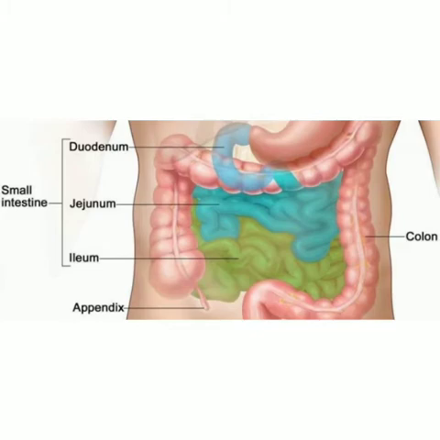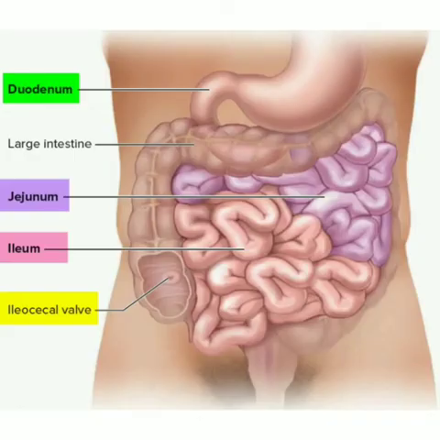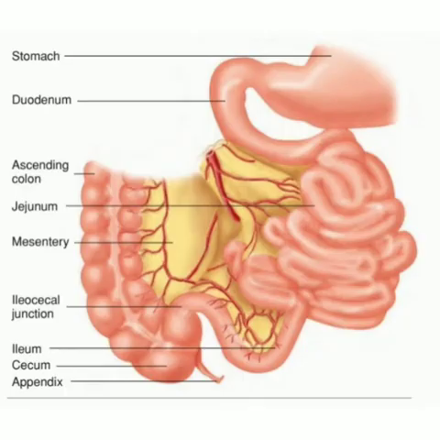The nutrients we consume will be digested in the small intestine. They will be mixed with the enzymes, the digestive juices, the bile juice and bile pigment, and will get properly digested.